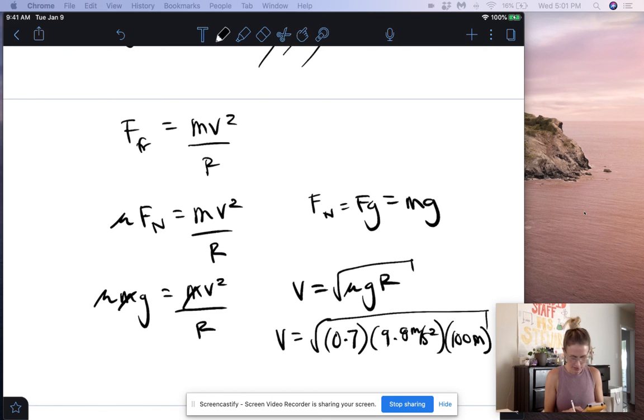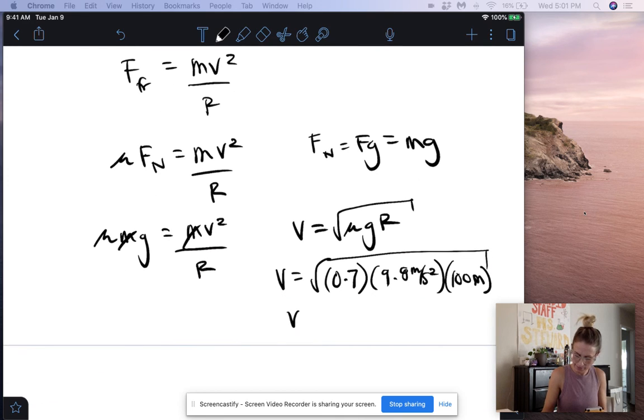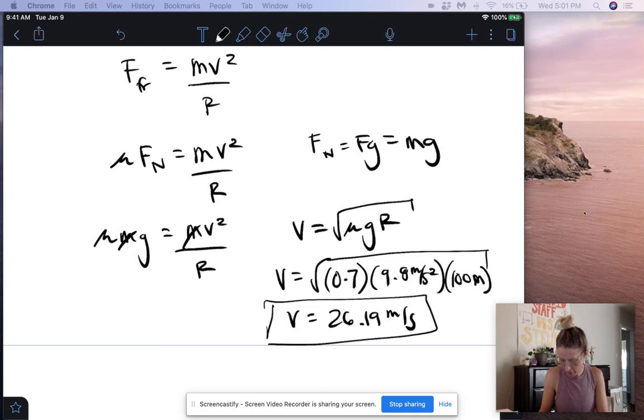So 0.7 times 9.8 times 100, square root of that answer. And we get 26.19 meters per second.